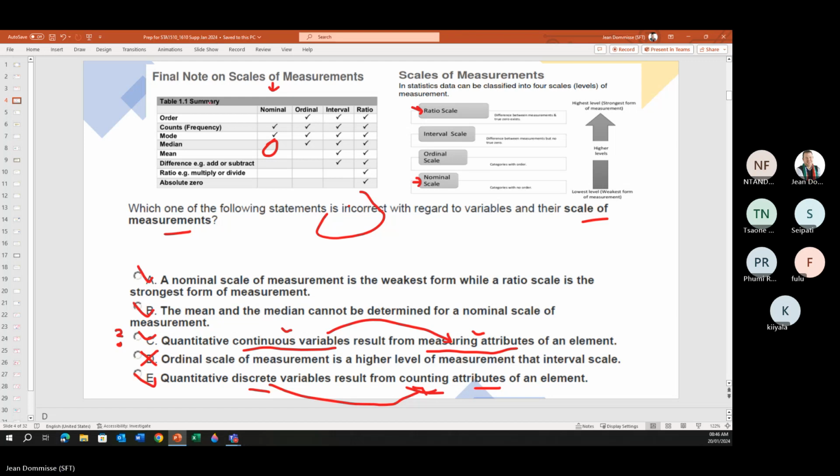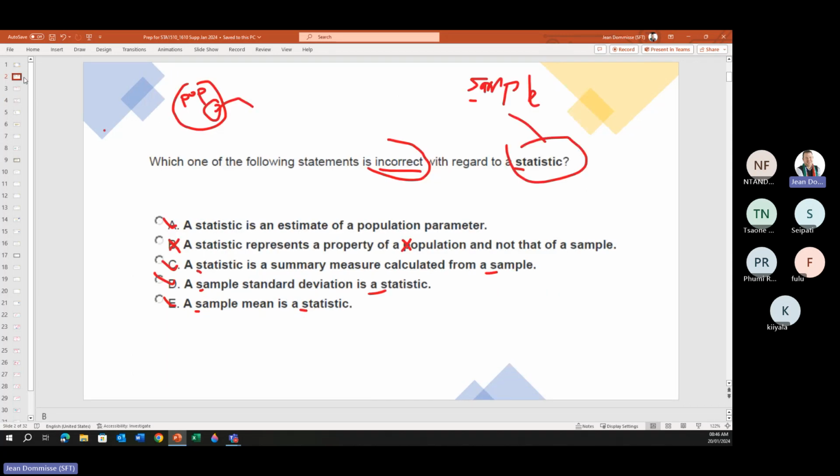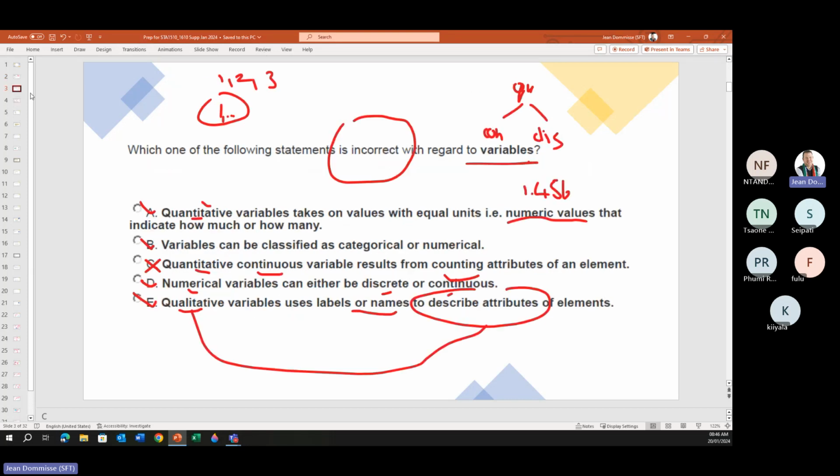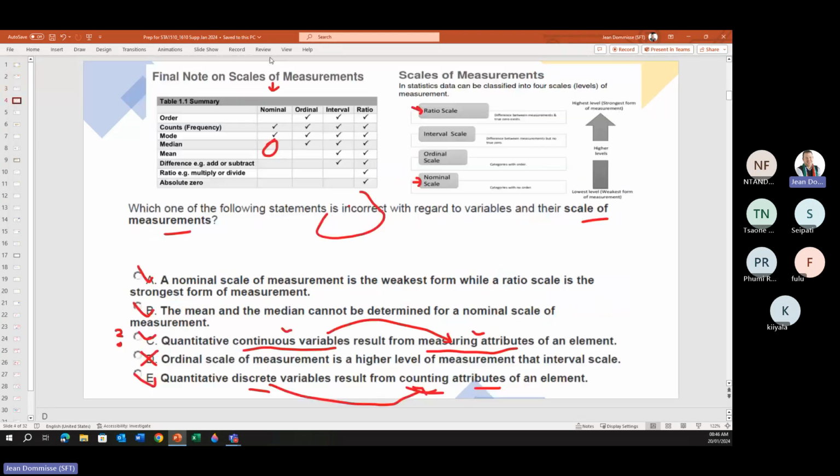Okay, so the first few questions were basically looking at study unit 1. So it was to look at the differences between population and sample and the things that you need to know around that. Then it went into the different types of variables. But in this third question, it was looking at the scales of measurement.